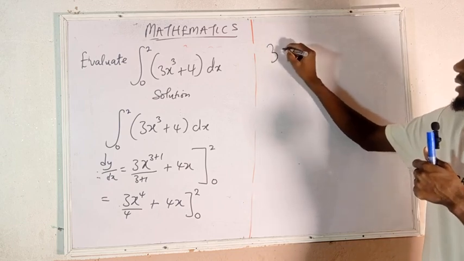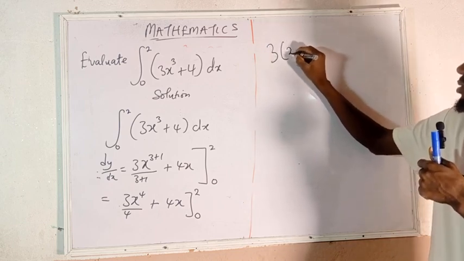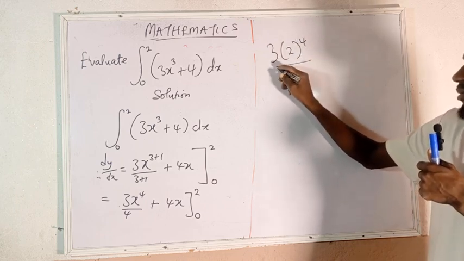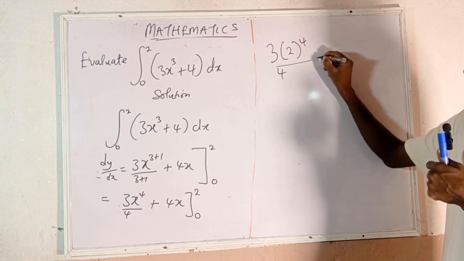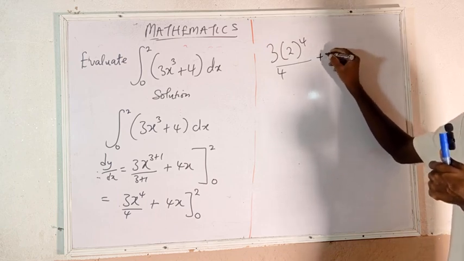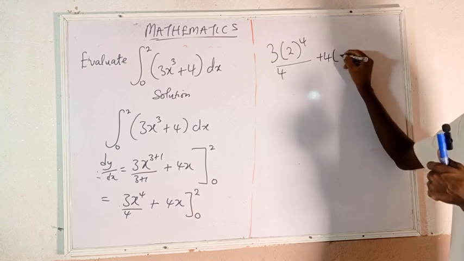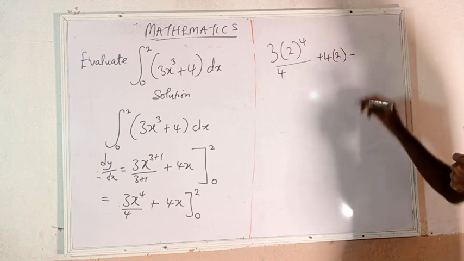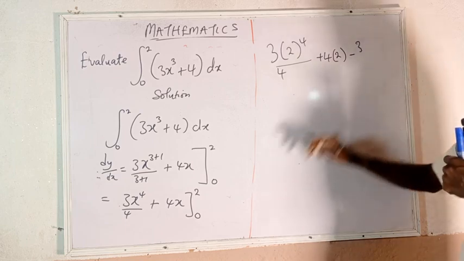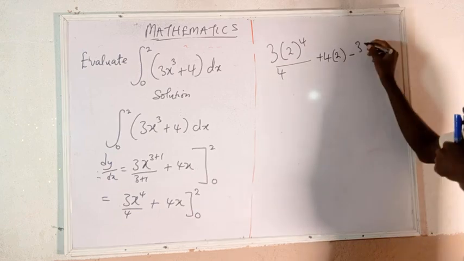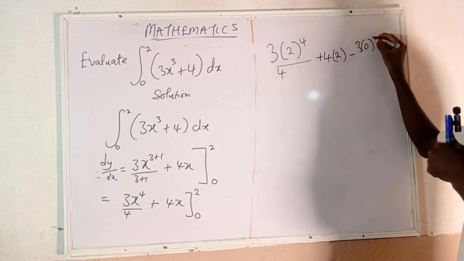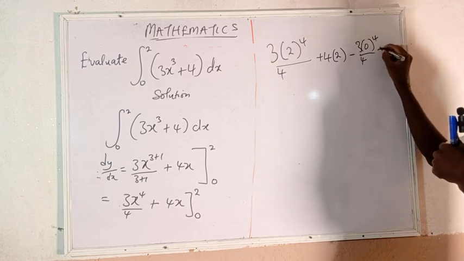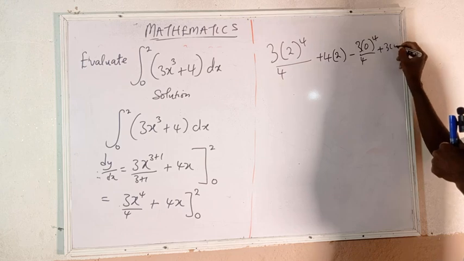We have 3 into 2 to the power 4 all over 4 plus 4 into 2, minus the lower limit of 0. We have 3 into 0 to the power 4 all over 4 plus 3 into 0.